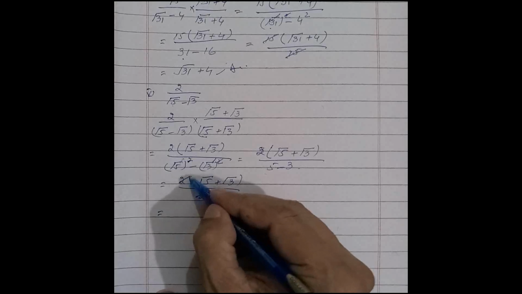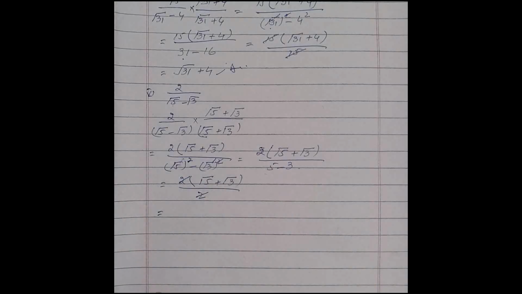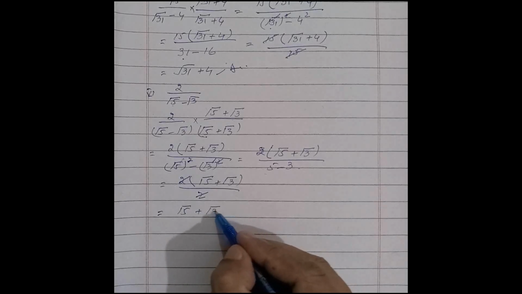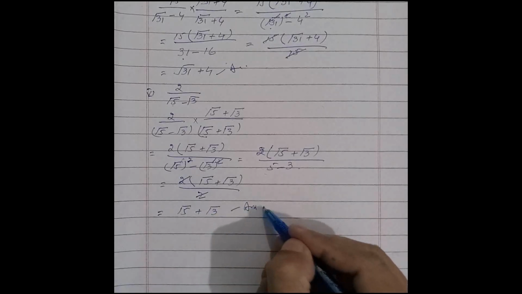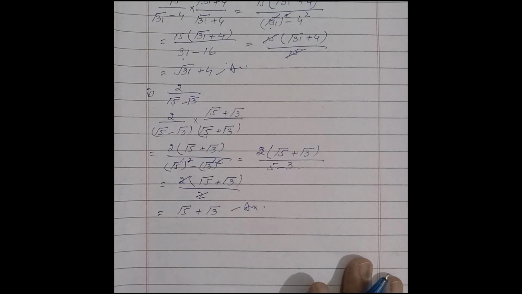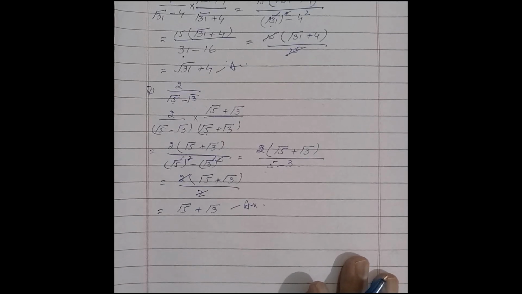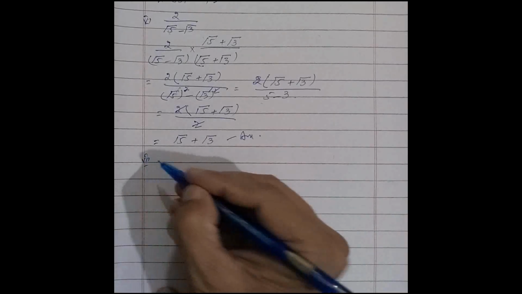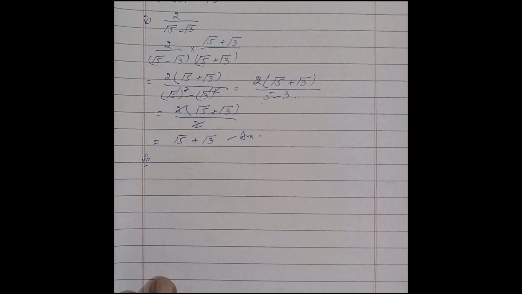And the 2 cancels with the 2 in the numerator. We get square root 5 plus square root 3 as the answer of question 1 part 6.